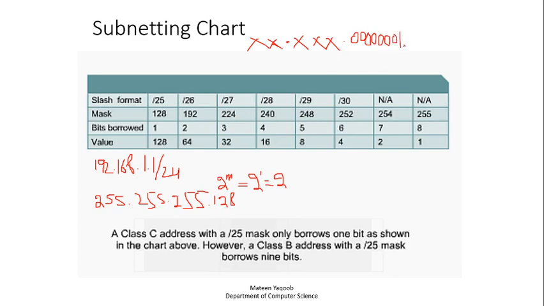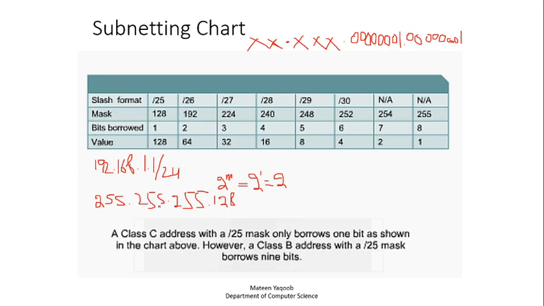This will be the binary, and this will be the binary for 0, 0, 1 for the second part. So this is the conversion of the IP address from decimal to binary.